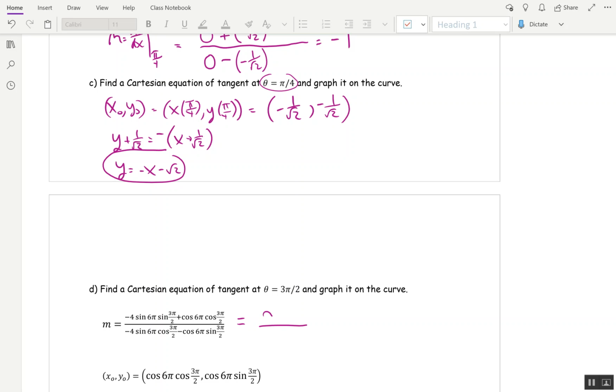We get 0, and then cosine of 3 pi over 2 is 0. So 0 plus 0 is 0. And then in the denominator, we get 0 minus -1. So that's 0 over 1, which is 0. If 0 is on the top, slope is 0. So now we know we have a horizontal tangent.